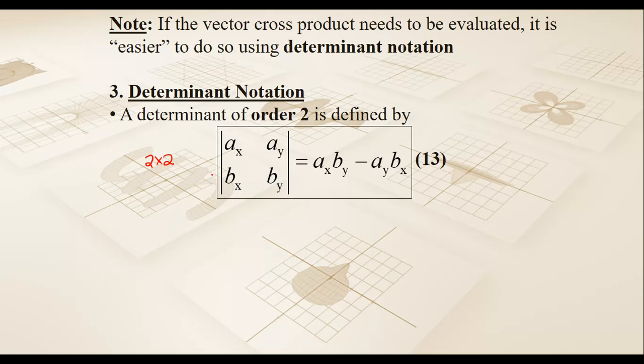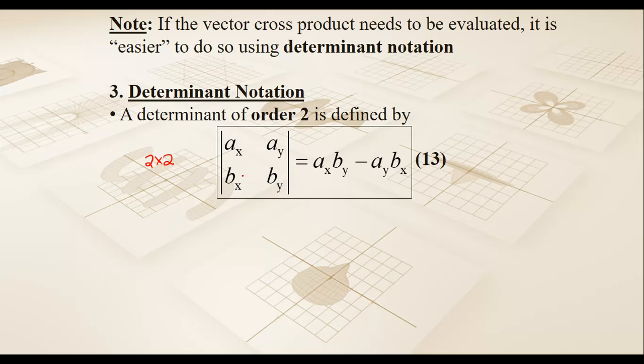Now inside this determinant, this is essentially what these values mean. If we have ax, ay in a row, and then bx, by in a row, and we write absolute value signs around it, that's telling me to calculate something called the determinant. The way a determinant works is it's just a way of telling us how to evaluate this thing.